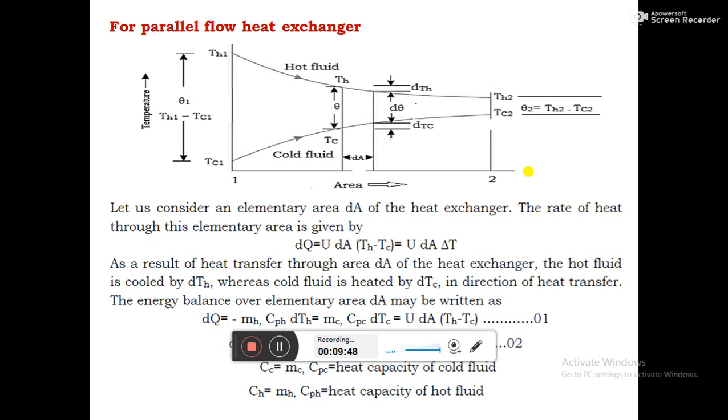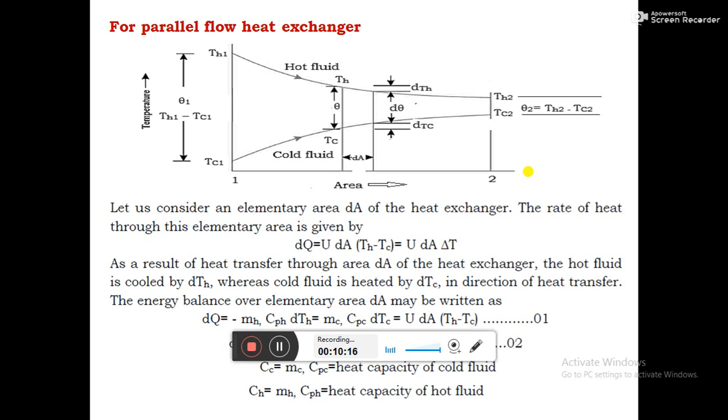The energy balance equation for this elementary area dA may be written as dq equals minus mh into cph into dTh equals mc into cpc into dTc, where mh into cph into dTh gives the heat released by the hot fluid.